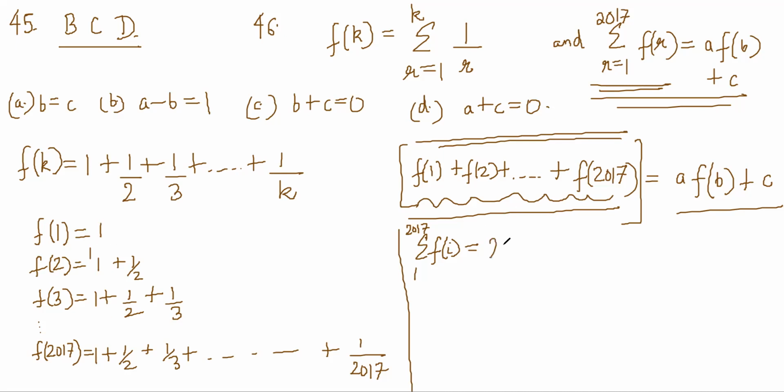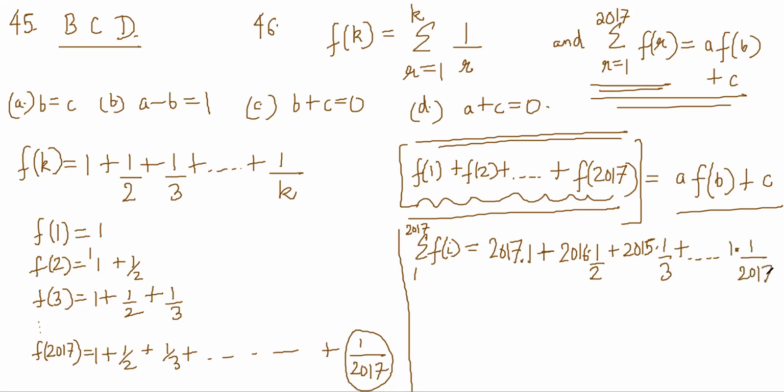So 2017 into 1 plus, how many halves? 2016 into half plus 2015 into 1 by 3 and so on, and there is only one term of 1 into 1 by 2017. This is the summation, correct? Now we have to simplify this somehow and make it look like one particular function value.